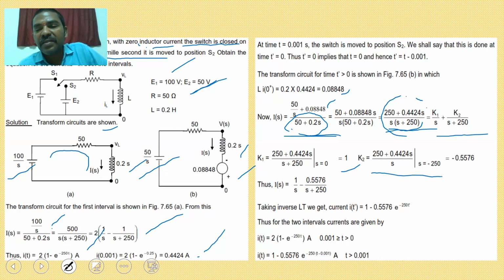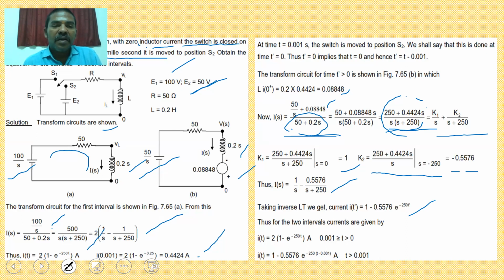Now substitute s is equal to minus 250. Then you are getting the value minus 0.5576. Then I of s is equal to 1 by s minus 0.5576 divided by s plus 250. You are taking the inverse Laplace transform. So you can get 1 minus 0.5576 e power minus 250 t amperes.